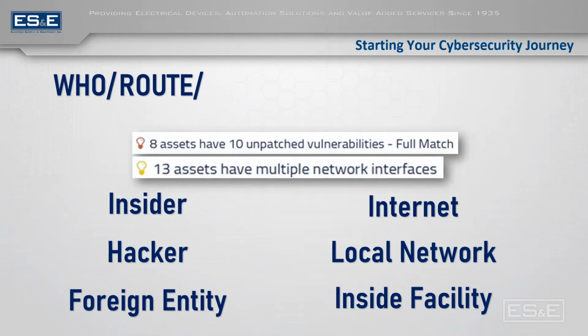So a hacker would have much more chance of reaching via the internet. But an insider could actually affect it from the local plant or even inside the facility. And this can happen with the others as well, with more sophistication and lack of physical security within the plant.